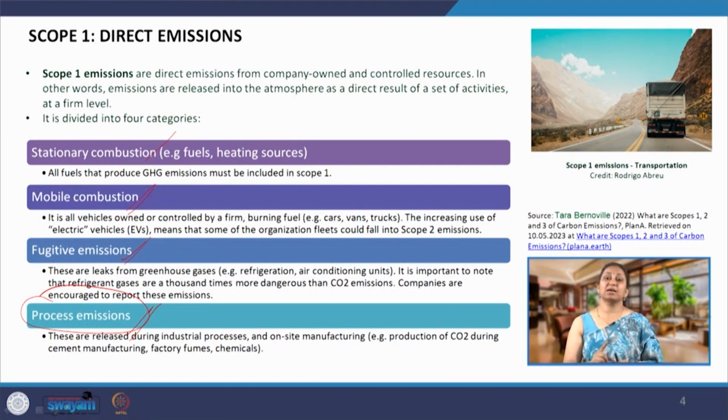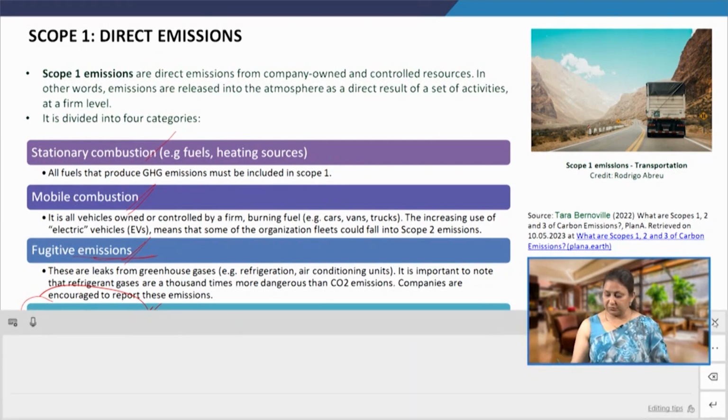But the gas that has leaked, whatever small amount it was, has been emitted into the environment, and the emission because of that leak comes into the purview of fugitive emission.